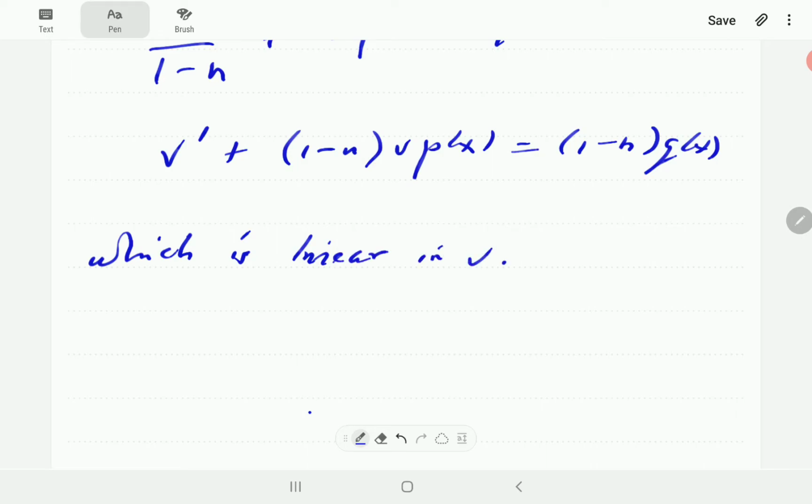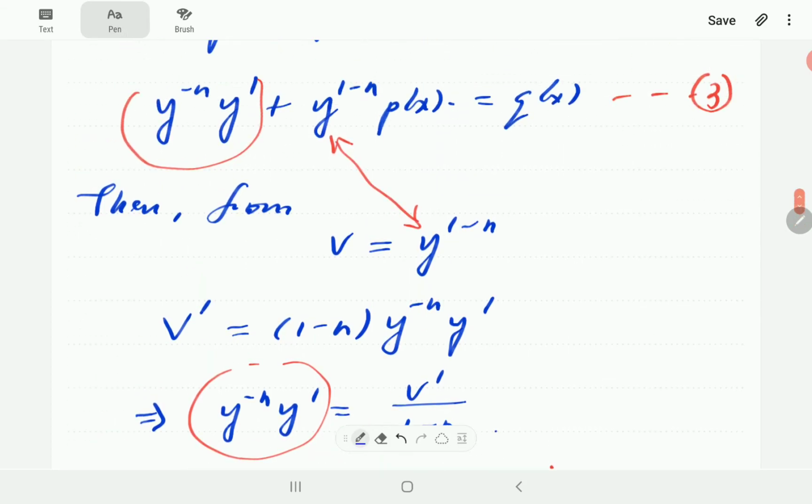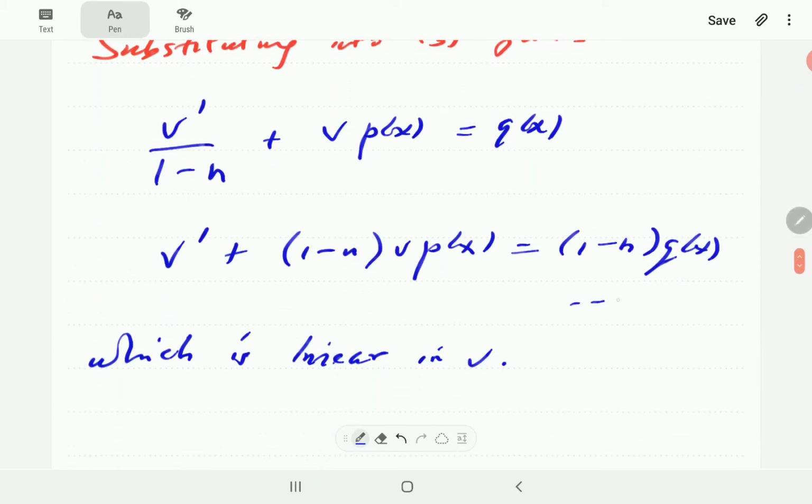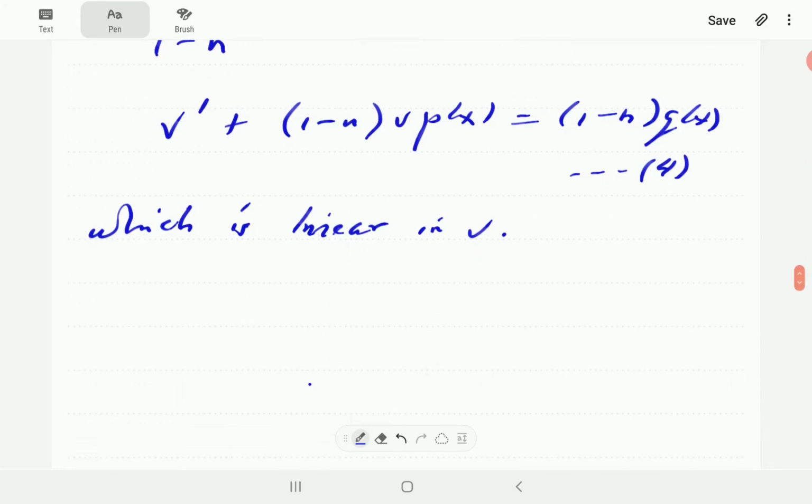And so this can be integrated using the methods we've established under the linear ODEs section or video.